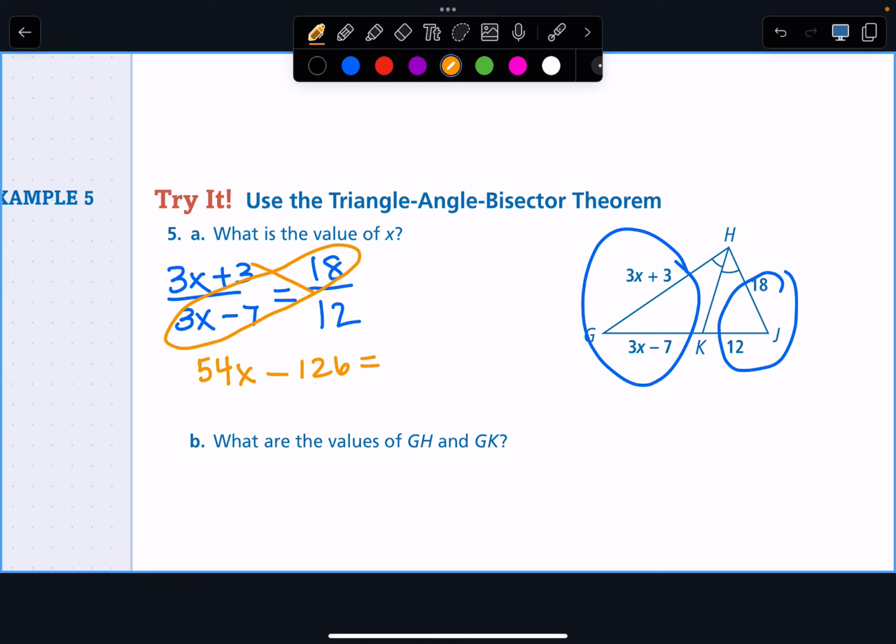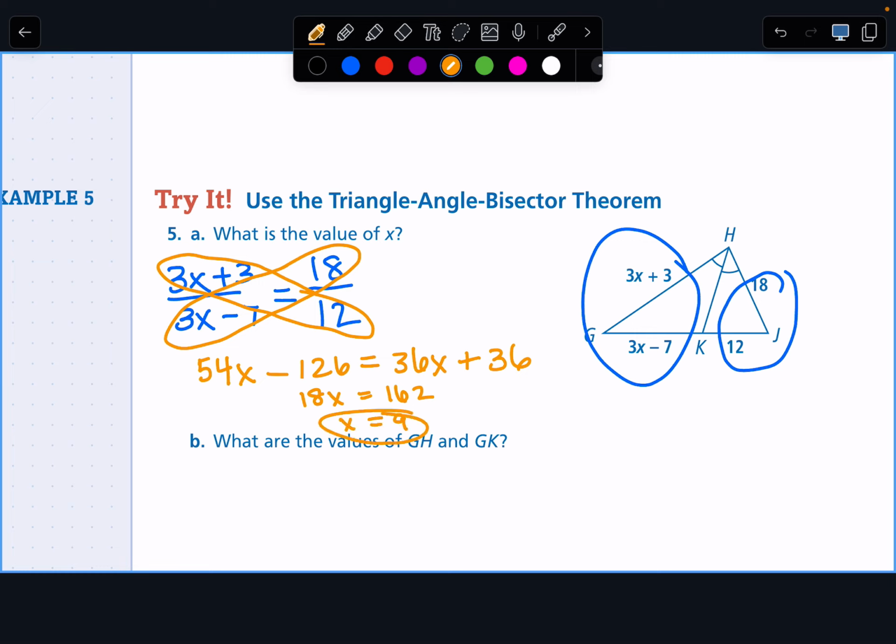Okay? And then when we multiply by 12, we get 36x plus 36. Cool beans. 18x equals 162. So x equals 9.